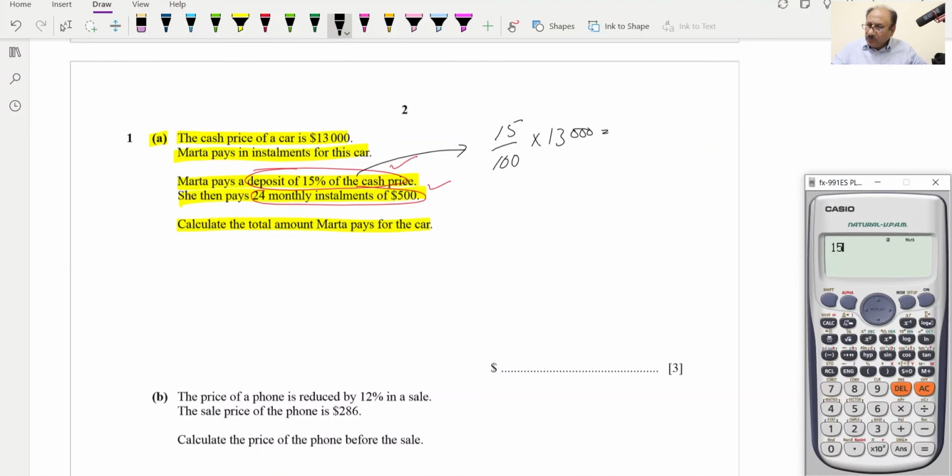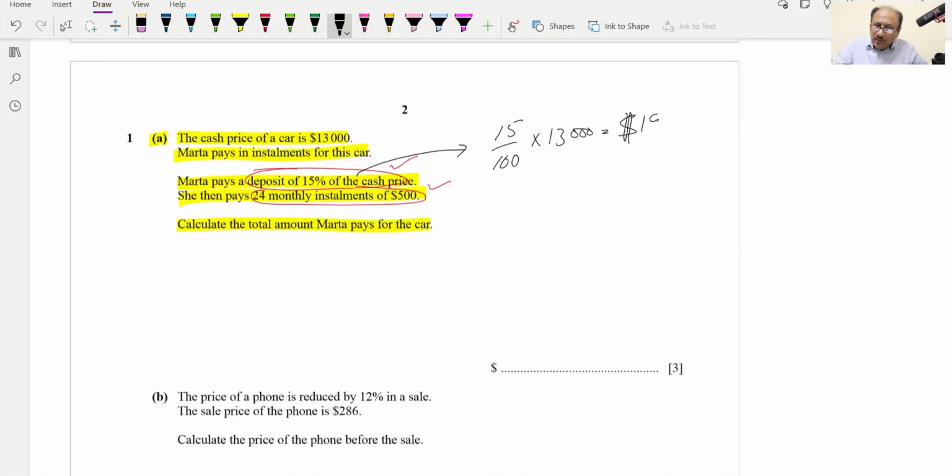So 15 over 100 multiplied by 13000 is equal to 1950. So $1950 is the deposit she has paid.